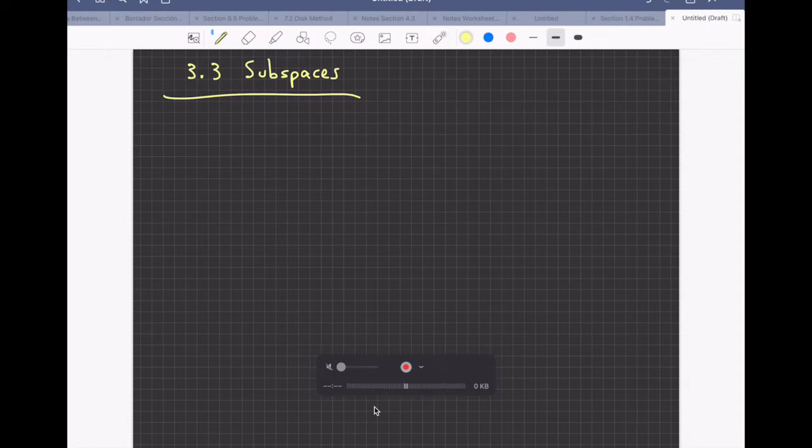So first, any subset W of Rn is a subspace of Rn if W itself is a vector space.